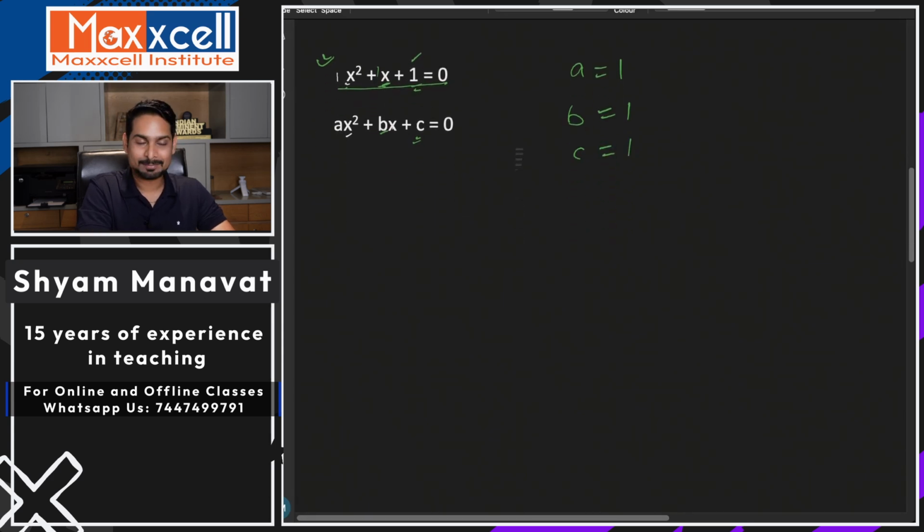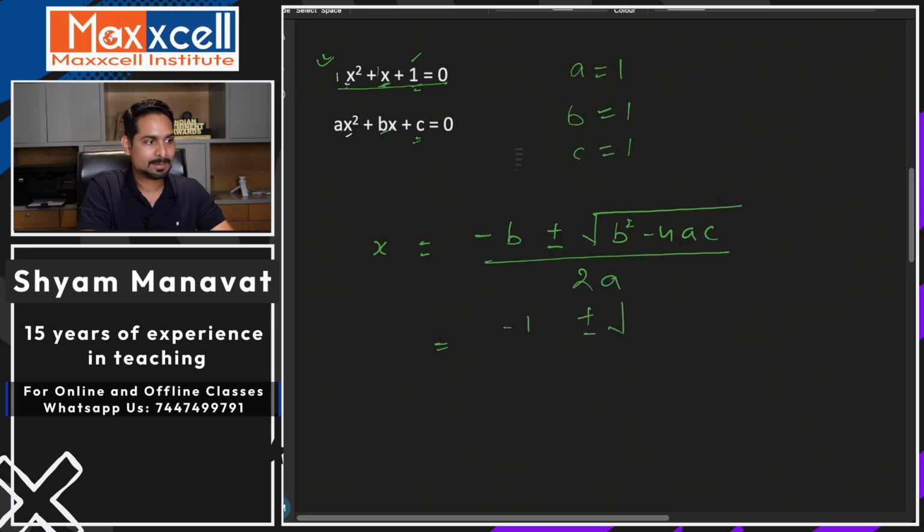Now let's apply the formula, which is minus b plus minus root of b square minus 4ac by 2a. Now substitute. B is 1, a is again 1, c is again 1, and 2a is also 2.